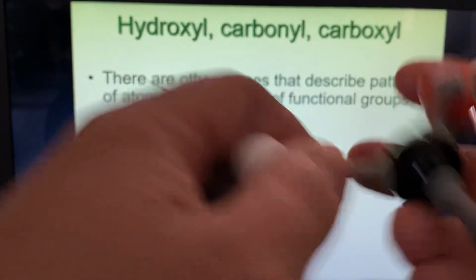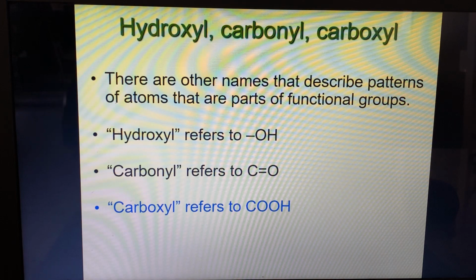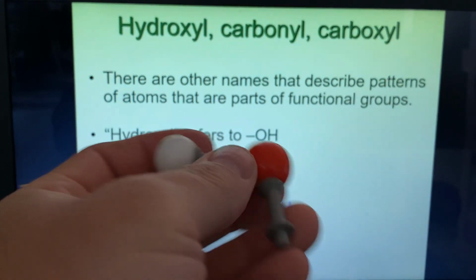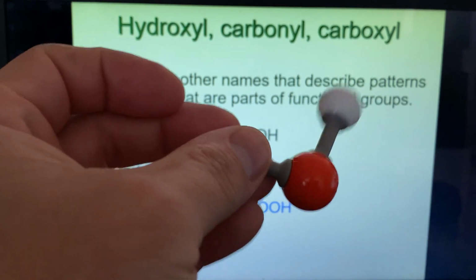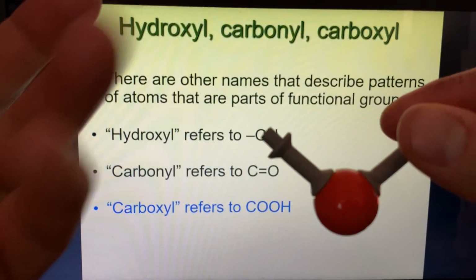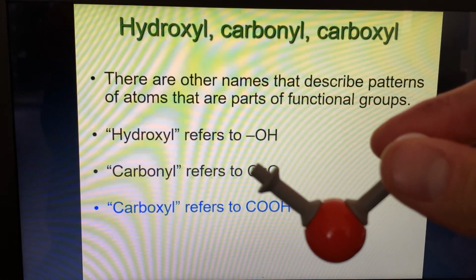All right. Here is an OH group, also known as the hydroxyl group. It's an O with an H off of it. And then the O has the ability to form a bond someplace else. So that's where you get the OH, and a lot of times it's going to be attached to a carbon or some chain of carbons.